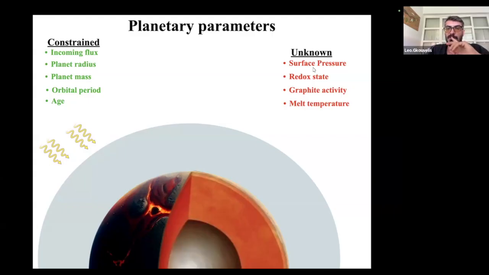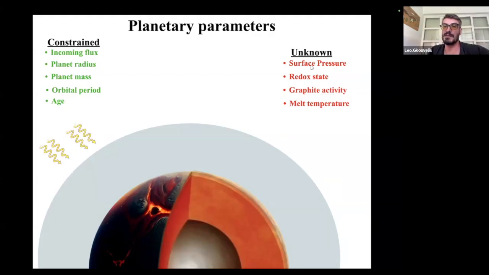So if you give me these parameters, I can generate what kind of atmosphere this rocky planet would have, but in a completely abiotic form, with no life there. If there is some jargon here, please stop me and ask me, because I understand these are completely different fields, so something might be very confusing.